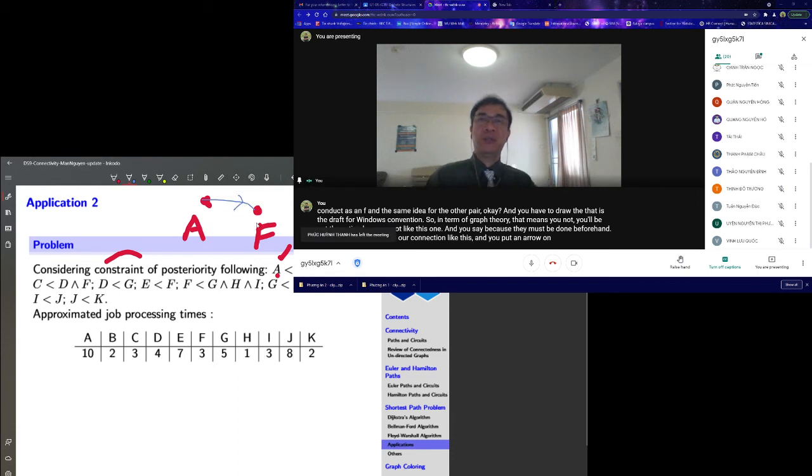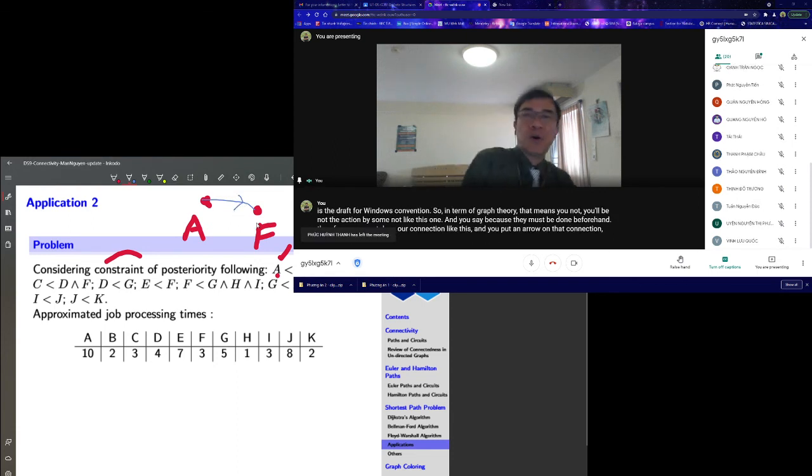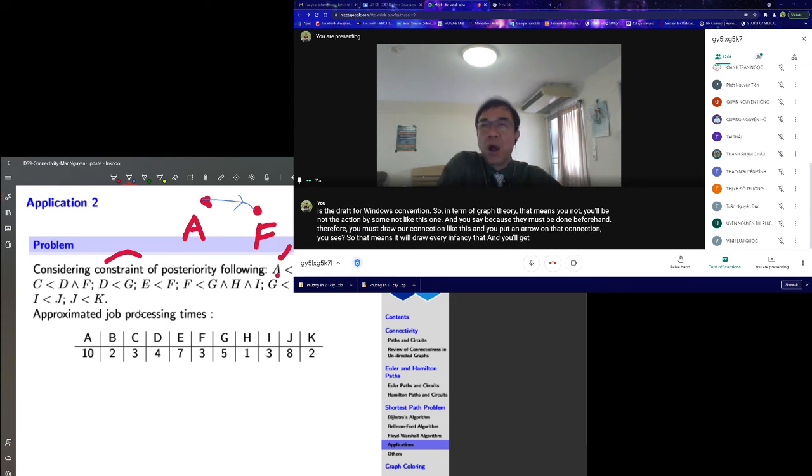So if you draw every instance like this, you get the directed graph. Moreover, there are some special cases like this one. Let's say C is smaller than D and F. That means C comes before D and F together. So how can you interpret the meaning of D and F? This is the problem.